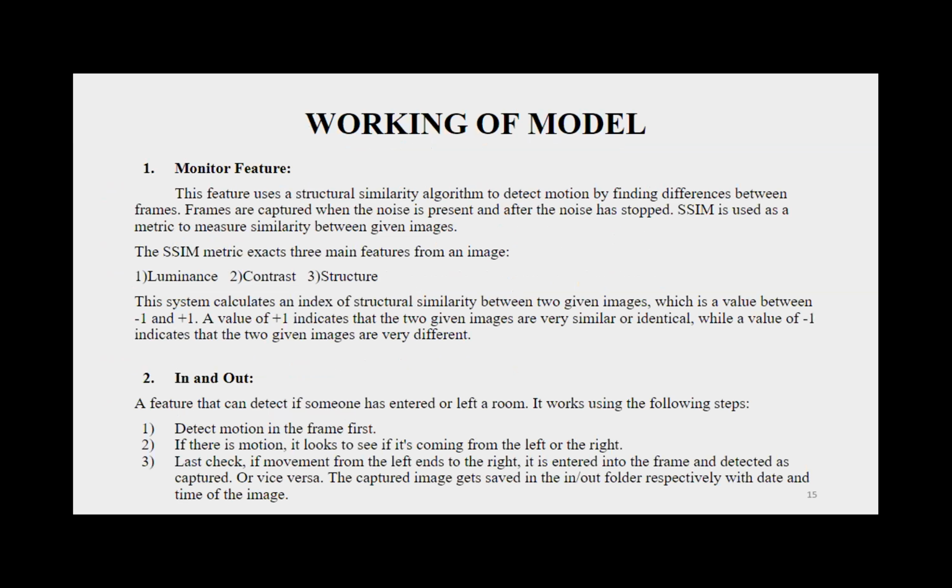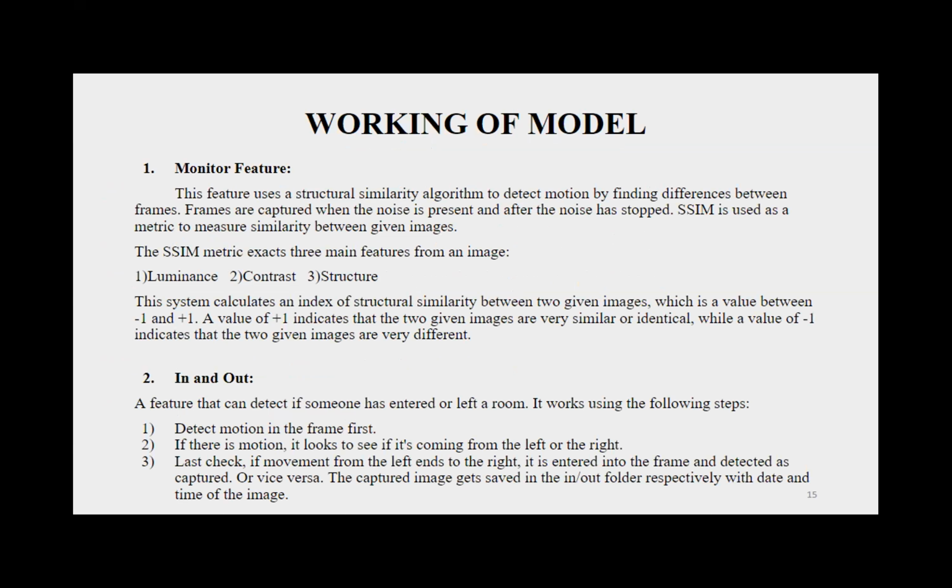Working of the model. Monitor feature. This feature uses a structural similarity algorithm to detect motion by finding differences between the frames. Frames are captured when the noise is present and after the noise has stopped. So 2 frames are captured. SSIM is used as a metric to measure similarity between given images.